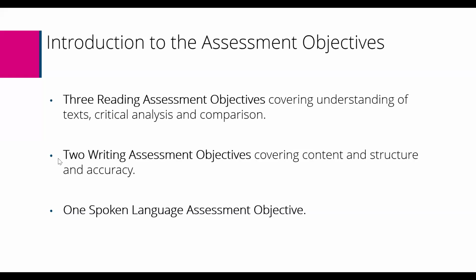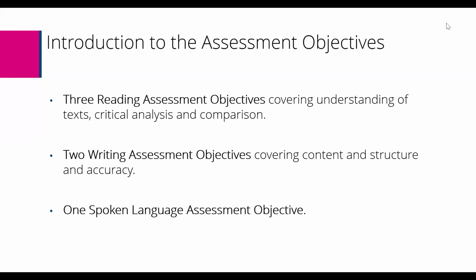In terms of assessment objectives, all awarding bodies use assessment objectives to write and to mark their assessments. They form the basis of all exam papers, and the questions and mark schemes are directly linked to them.